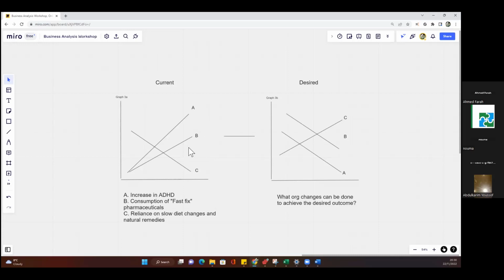Increasing the consumption of fast-fix pharmaceuticals causes the same sort of dopamine rush, the same reward type of emotion in the body, and that's also caused by increased usage of social media.